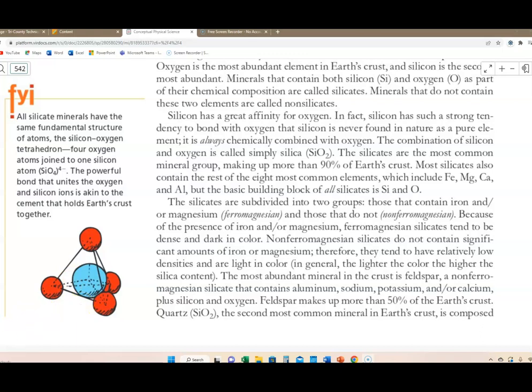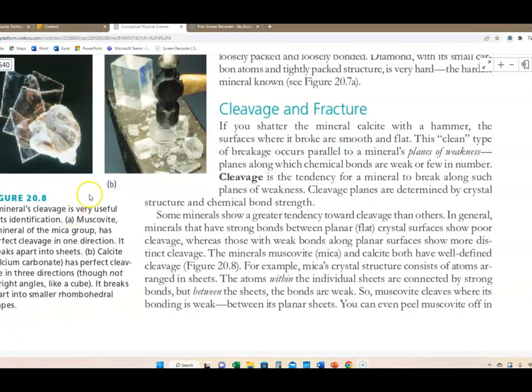I'm still looking for fracture. I thought I could find a better picture of this for cleavage, but we'll see this better in the lab. But when something breaks, as it says here, it'll break along the weaker bonds, where the weaker bonds are. Okay, that's the idea of cleavage.